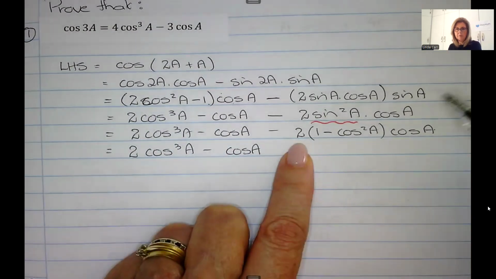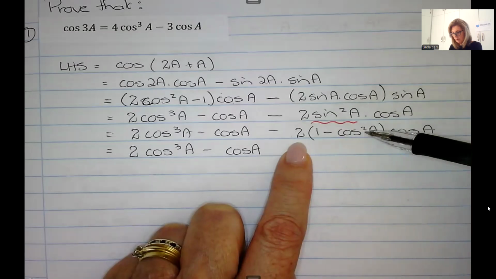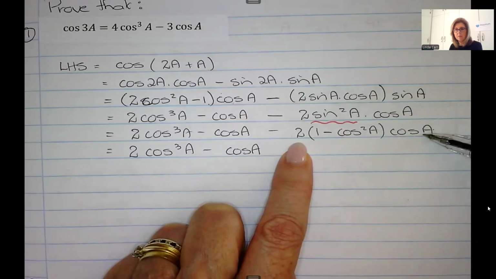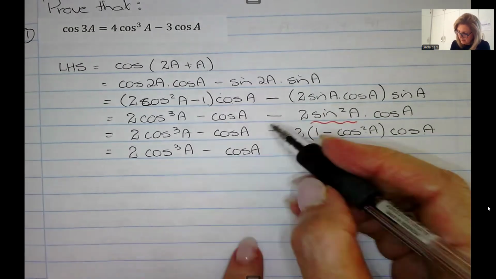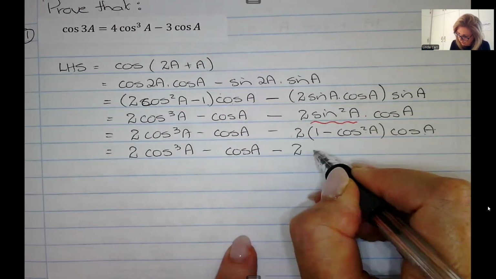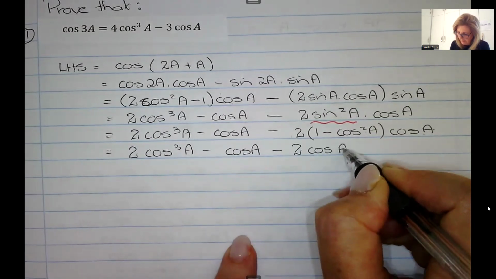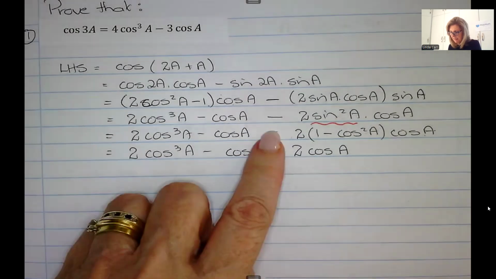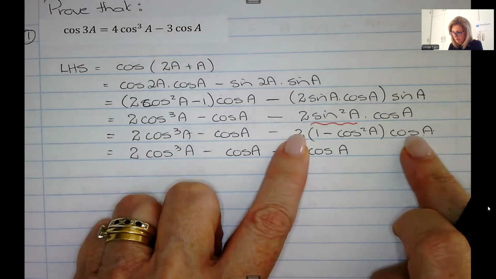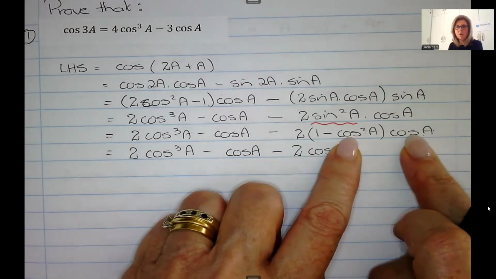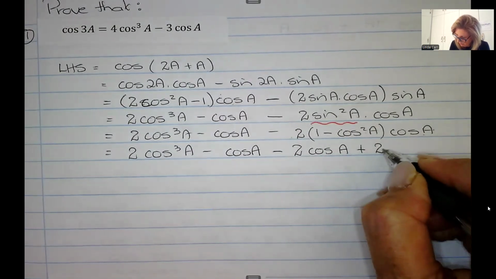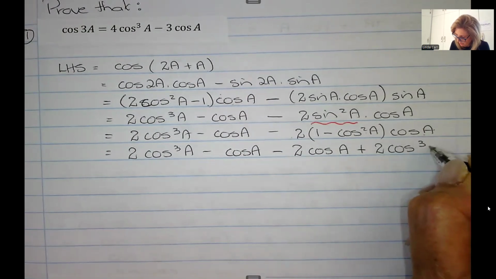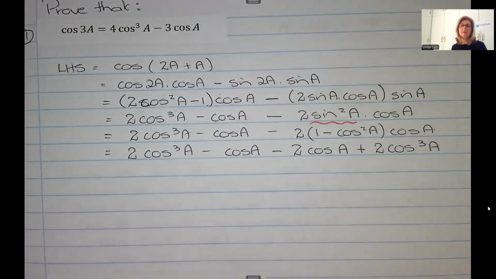Over here, be careful. I've got to multiply the minus 2 into the bracket and the cos A into the bracket. And so minus 2 times cos A times 1 gives me minus 2 cos A. And then minus 2 times cos A times minus cos squared A gives me plus 2 cos cubed A. Okay, minus times a minus is a plus.